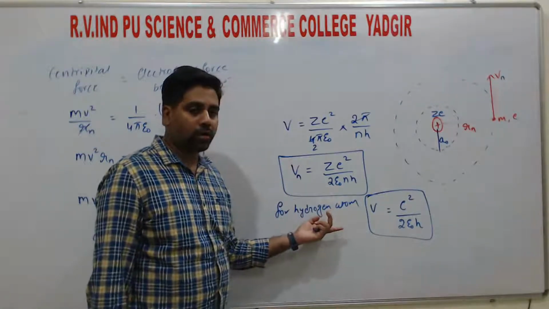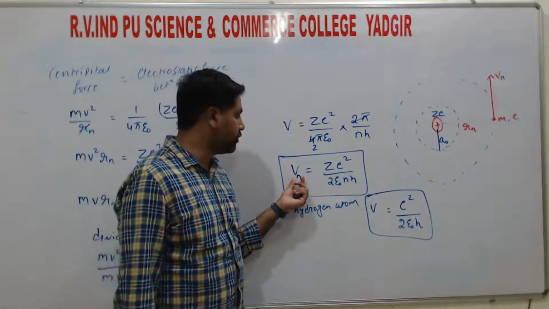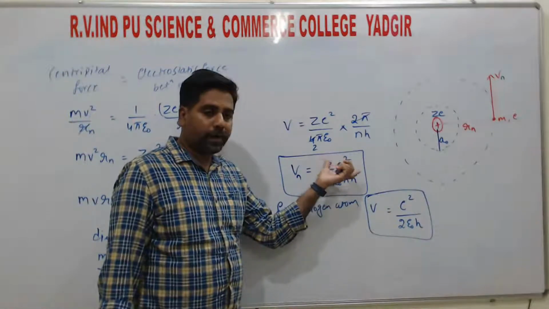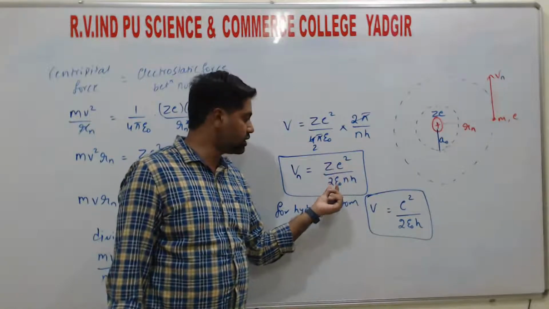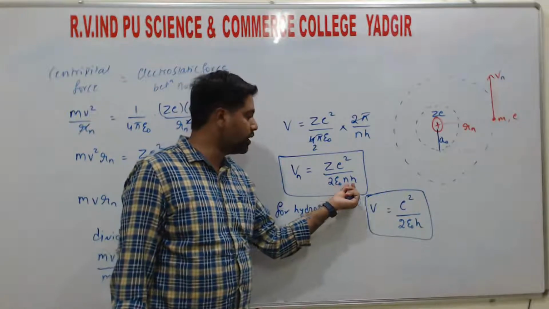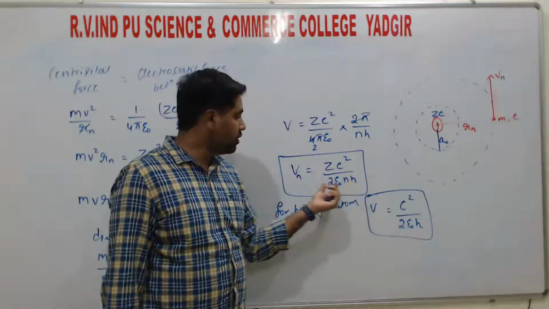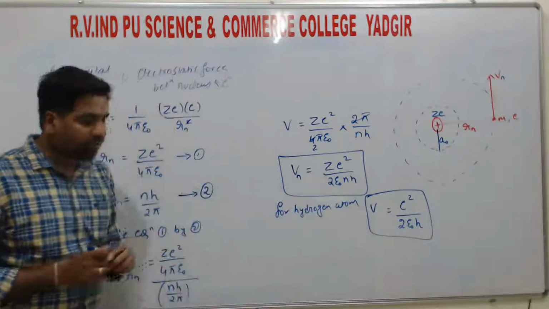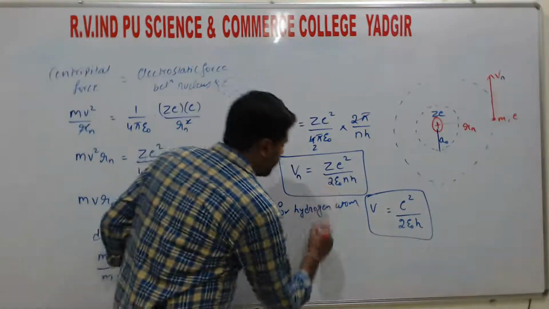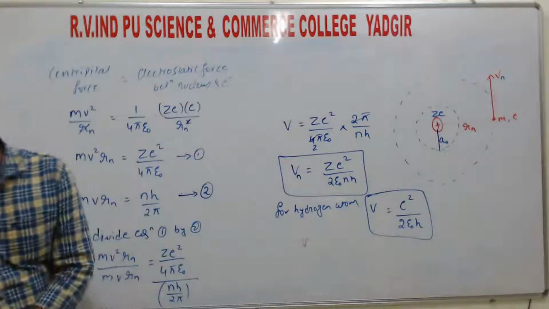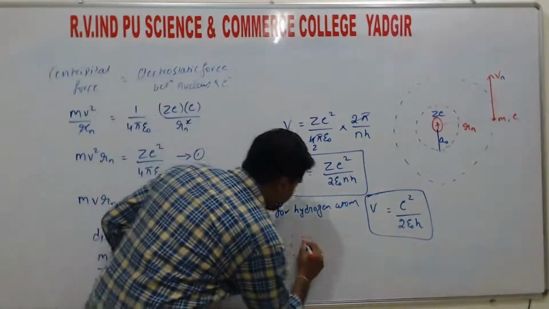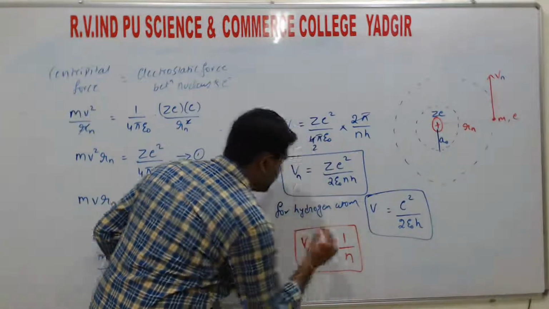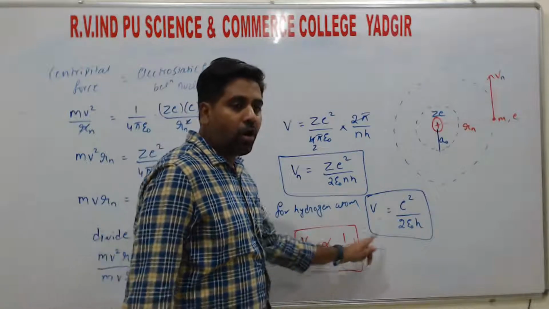Now if we observe this relation Vn, as Z is constant, e is constant for a given atom, 2 epsilon naught is also a constant, h value is also constant. Then we can write Vn is inversely proportional to 1 by n, where n is the number of the orbit which is varying.